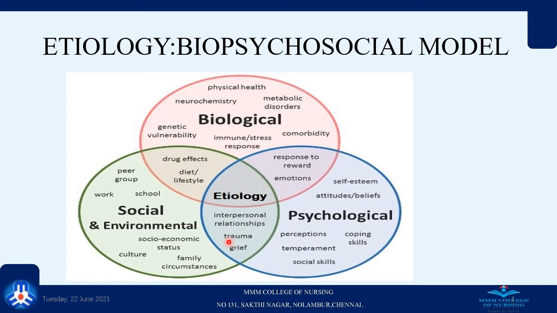Interpersonal relationships, when there is relationship breakdown, being in an abusive relationship, trauma and grief, when there is loss, breakup of relations. And social environment, peer group, when the friends around the person are always with negative emotions, that could be the reason.